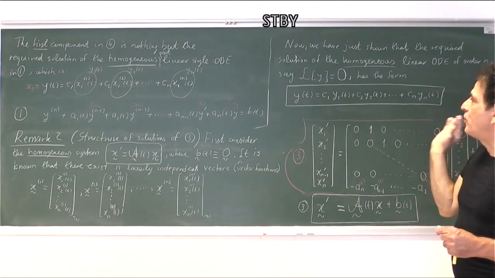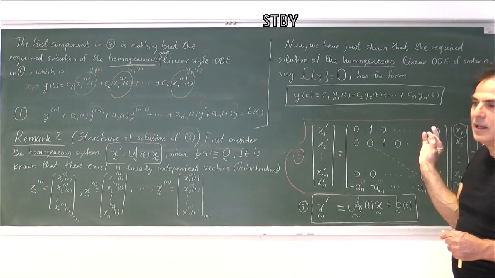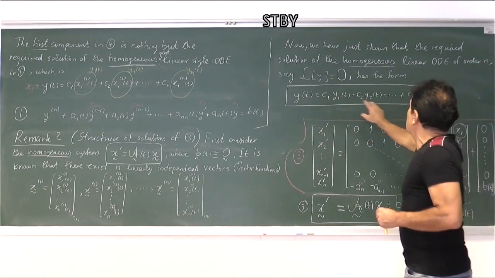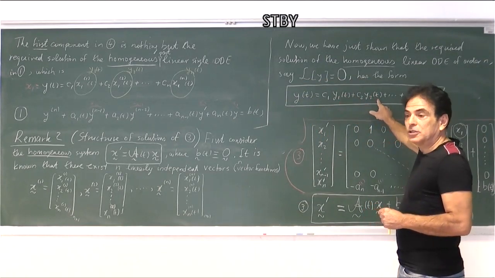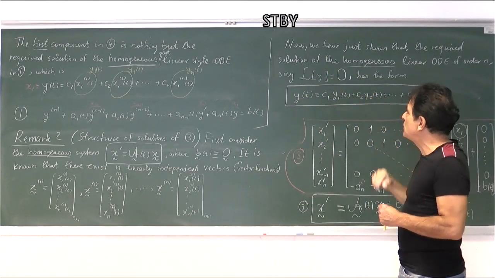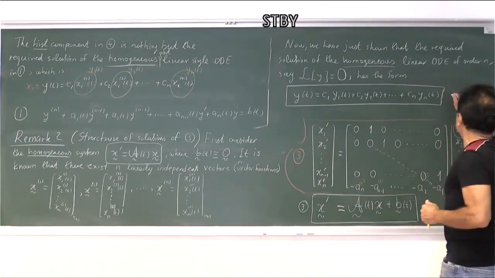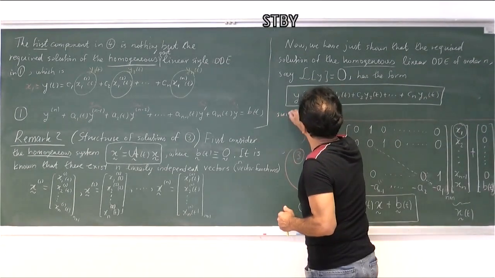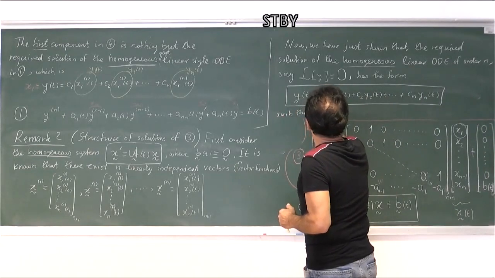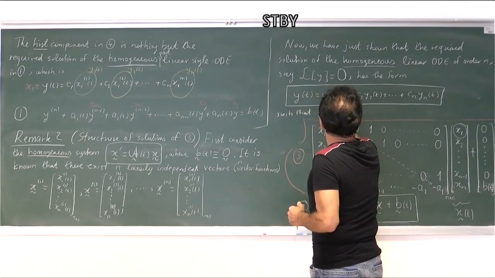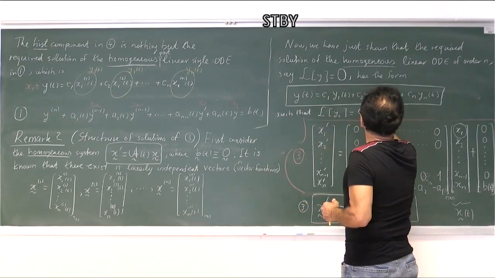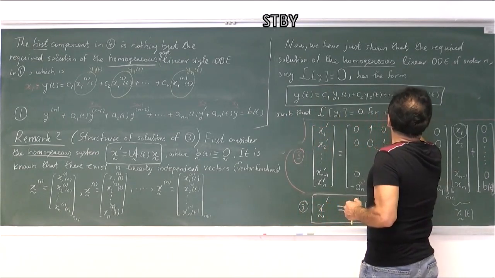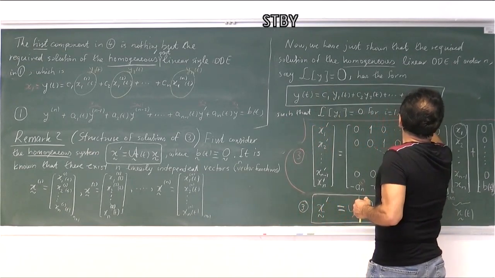Now, the solution of the homogeneous linear ODE must be a linear combination of n solutions which are all solutions of the homogeneous equation, such that L y_i equals 0 for i from 1 up to n.